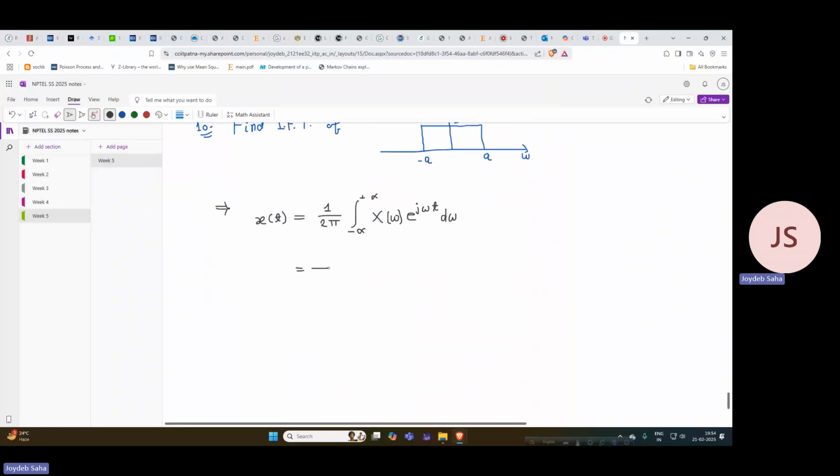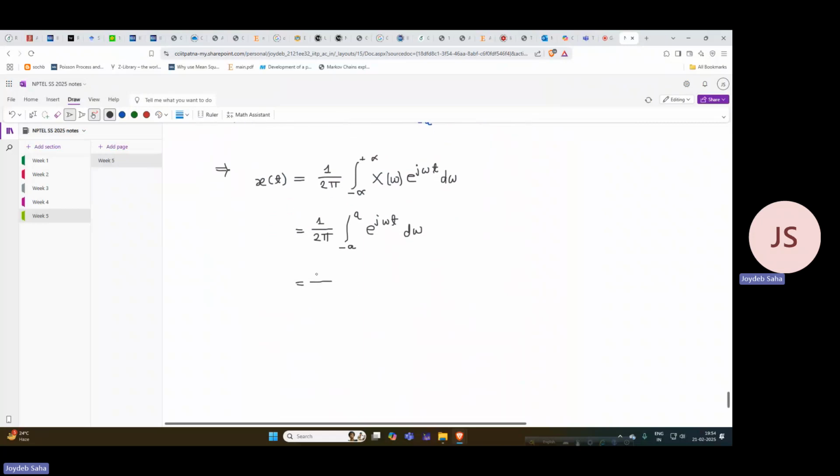This is equal to 1 upon 2 pi, integral from minus a to a, X(omega) is 1, so e to the power j omega t d omega, which is equal to 1 upon 2 pi times e to the power j omega t by jt, from minus a to a.